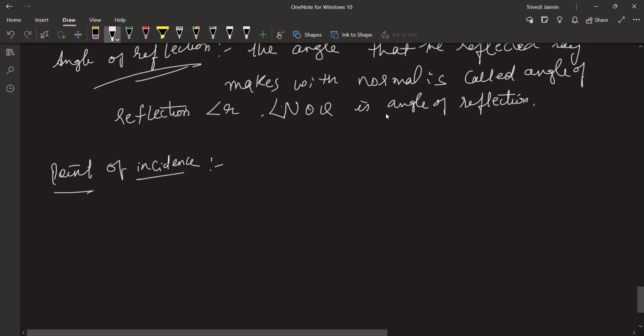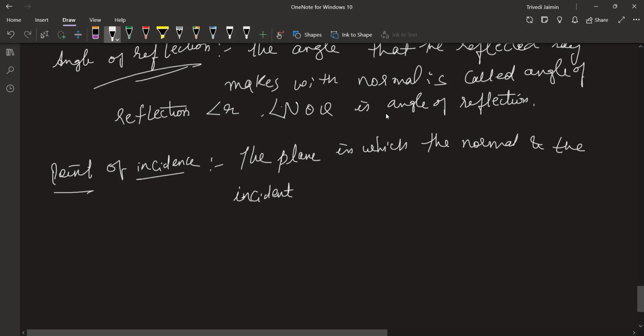The plane in which the normal, reflected ray and incident ray all lie is called the plane of incidence.